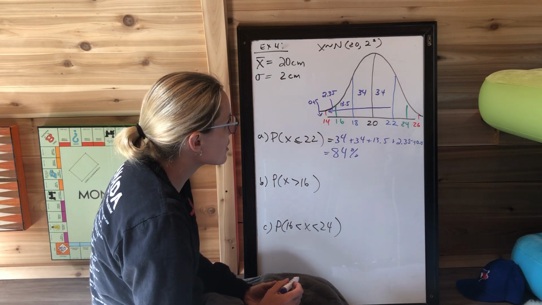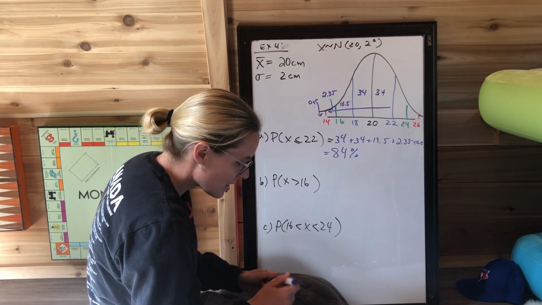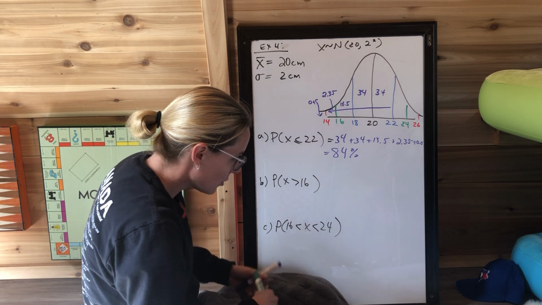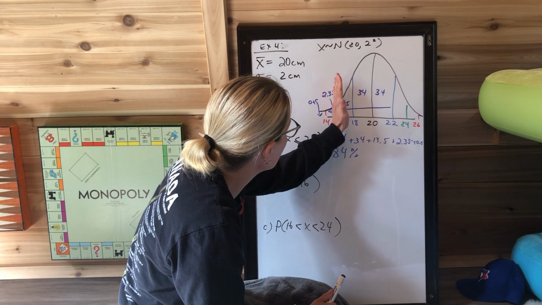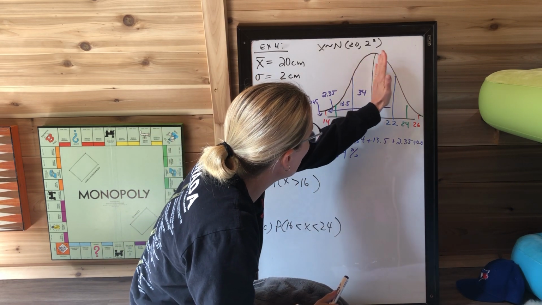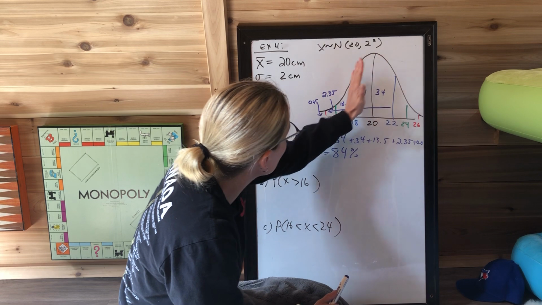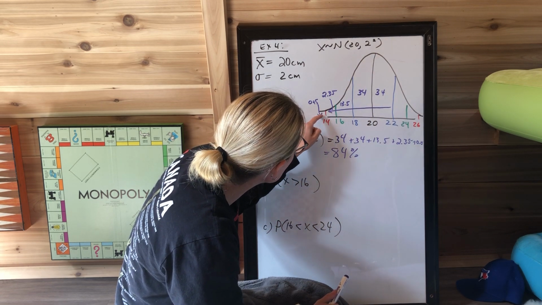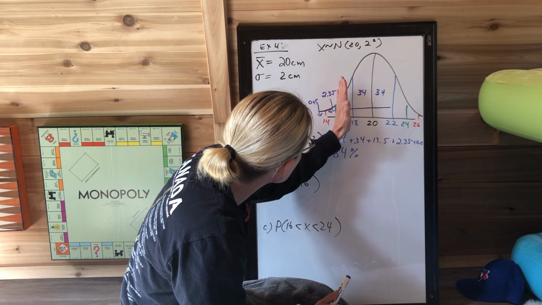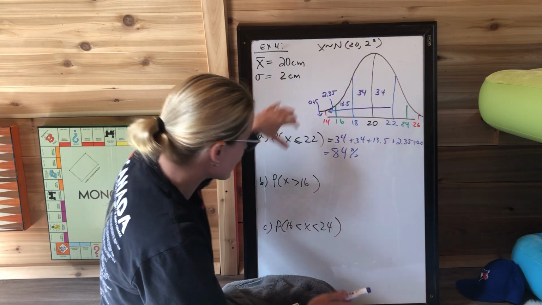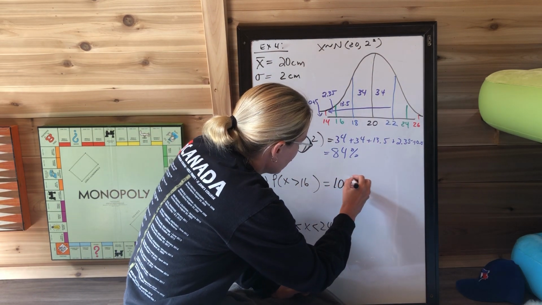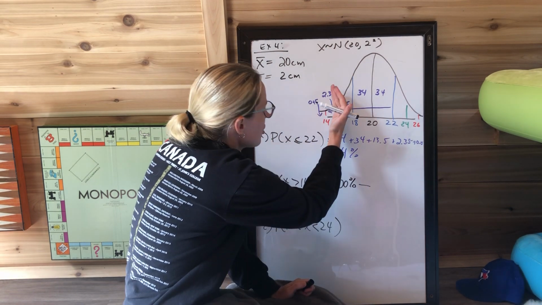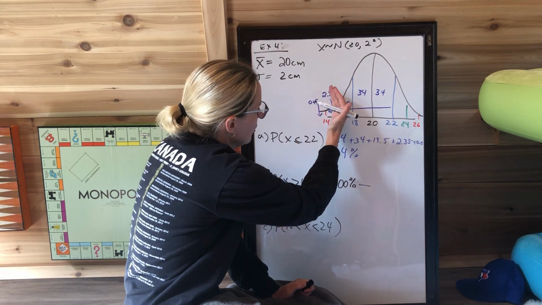How many are greater than 16? Well, greater than 16 means we have to look at this whole section. Greater than 16 means we go here and go all the way here. This is almost 100%. We're just missing these 2 little sections. So if all the data lies under the curve, which it does in a normal distribution, 100% of the data lies under, we're just subtracting out the 2 parts that aren't part of greater than 16.